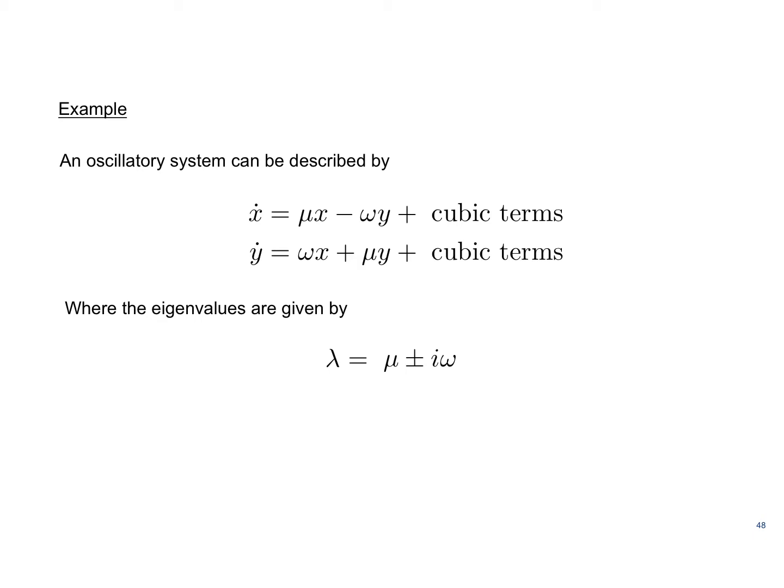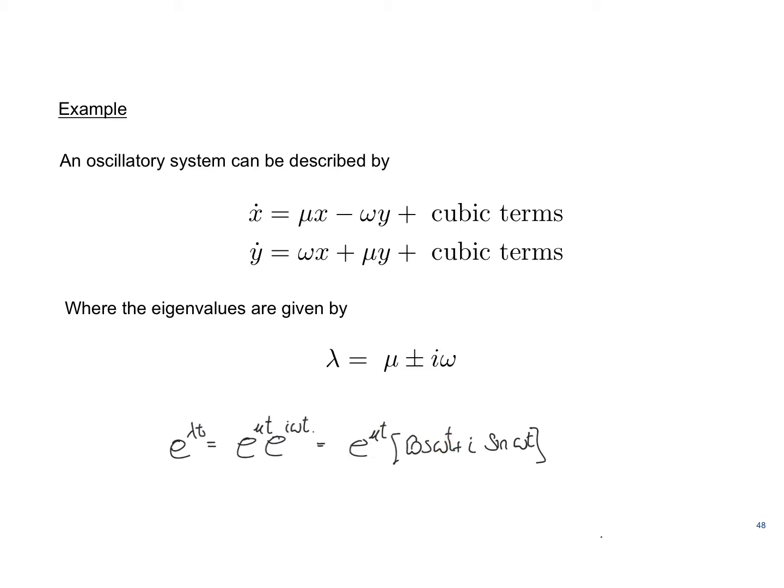Remember that we can use the Euler formula, so we have exponential lambda t, which is exponential mu t times exponential i omega t. In the analysis, the answer actually only considers the real part most of the time.